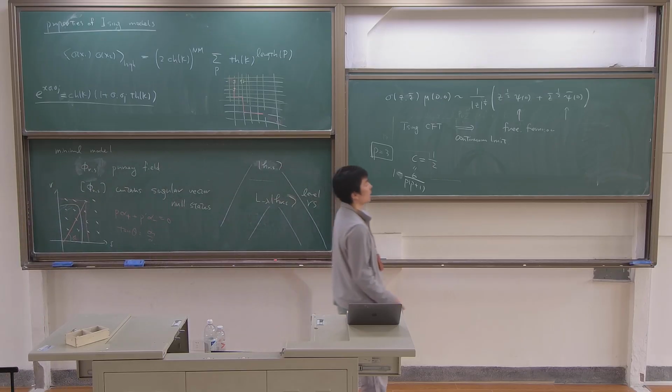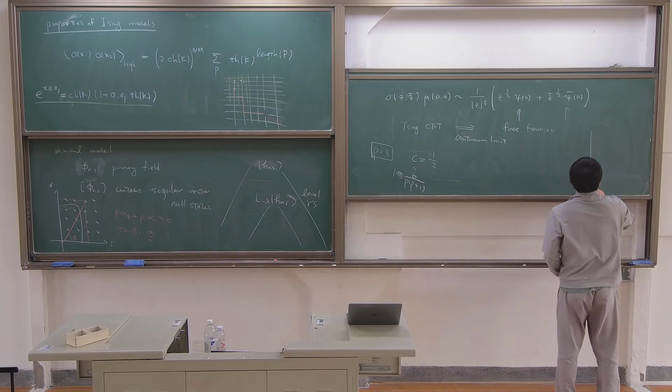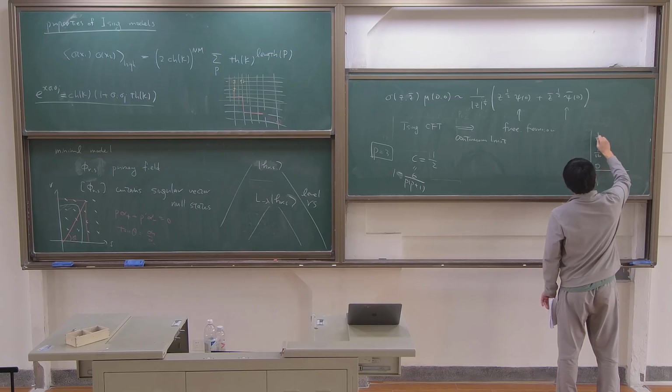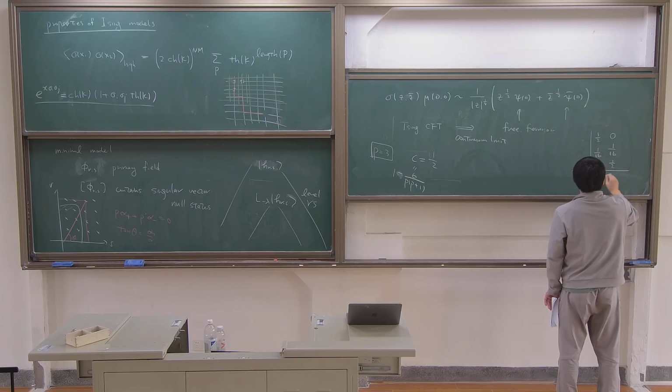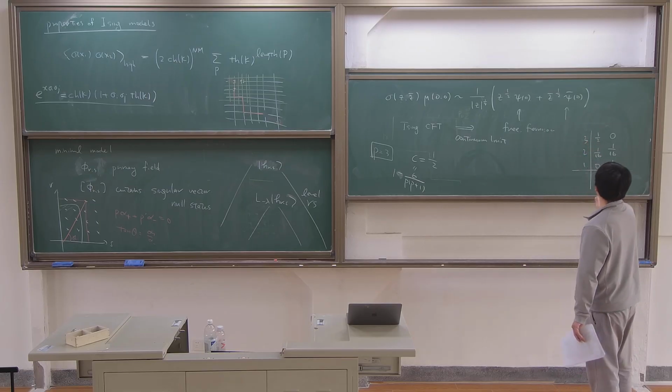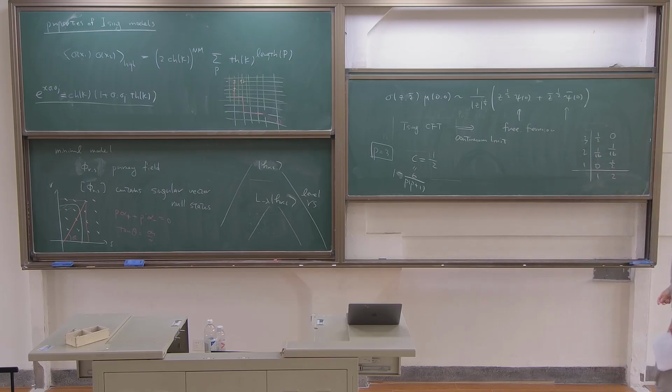In the Ising case, we have 0, 1/16, and 1/2.